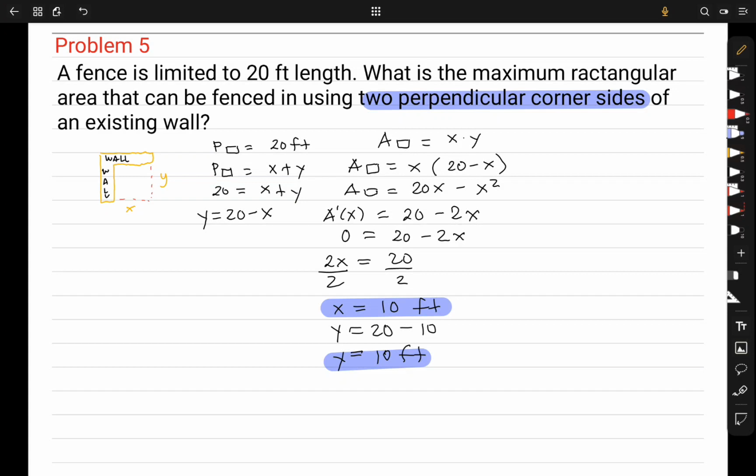So, the area of our rectangle is equal to 10 feet multiplied by 10 feet. So, our area that maximizes our field is equal to 100 feet squared. So, this is our final answer.